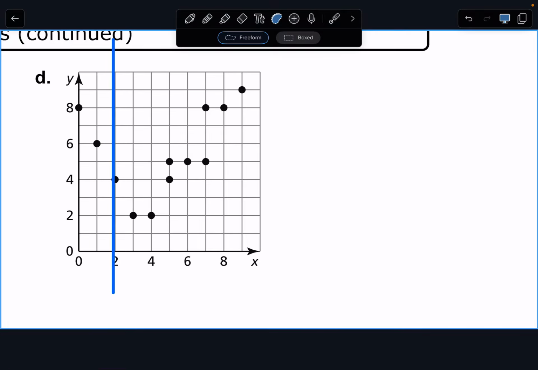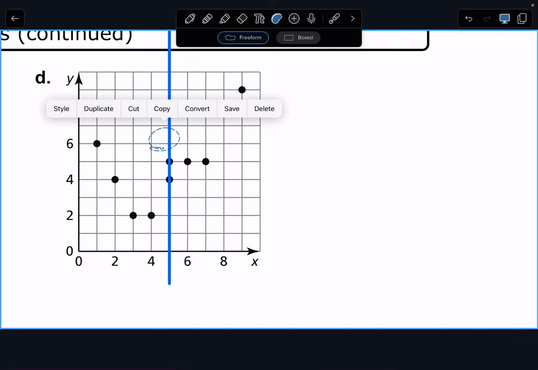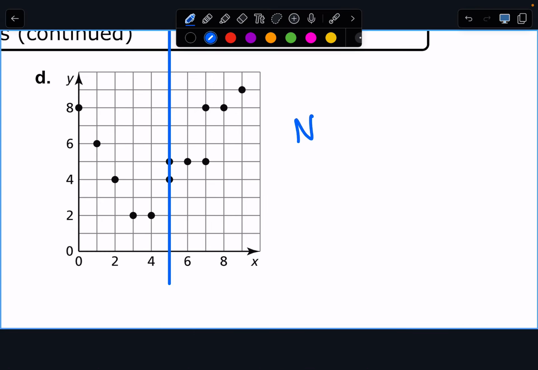If I hit 2 dots at the same time, that's not cool. Is this a function? Okay. So no, this is not a function because it fails the vertical line test.